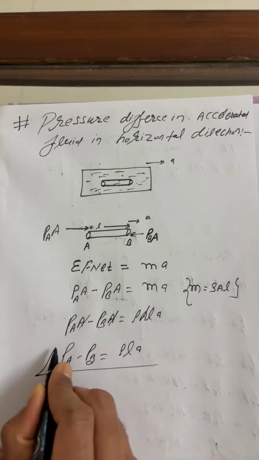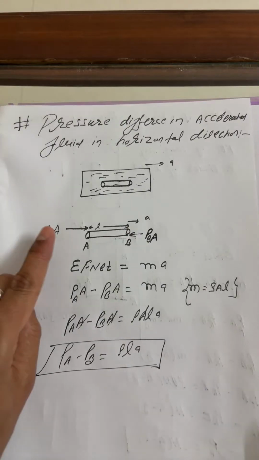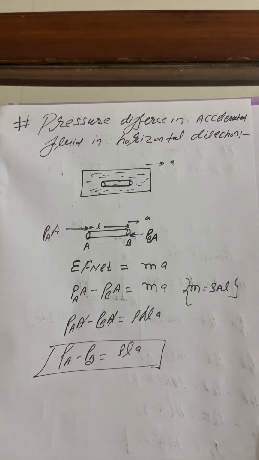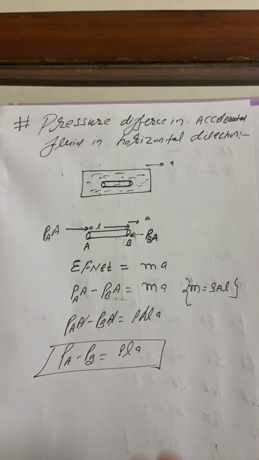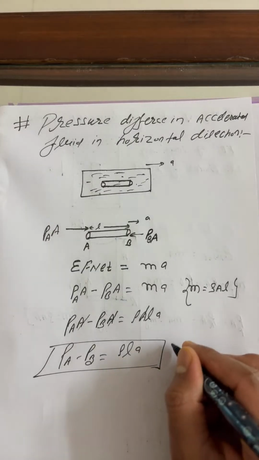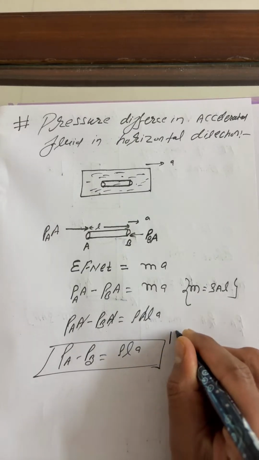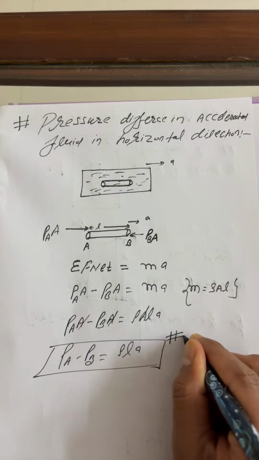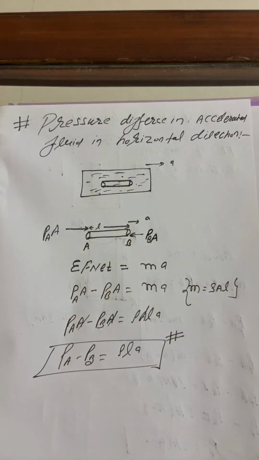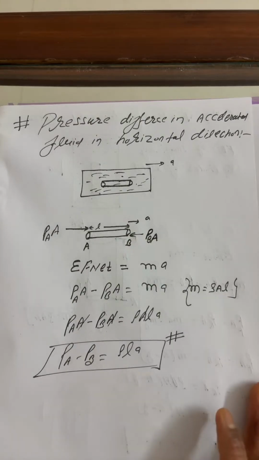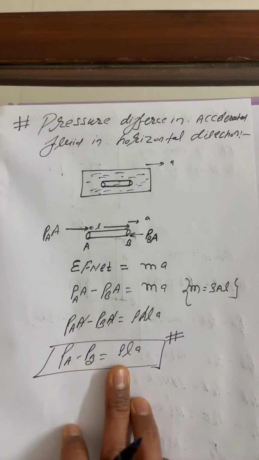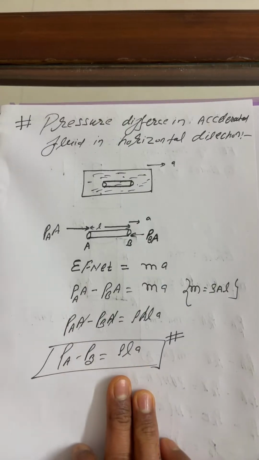Now onwards keep in mind, if you have a closed container and the container moves towards the right, PA minus PB is rho L a. This is highly important. First I'll cover the entire theory of accelerated fluid, then I'll give a number of numericals.